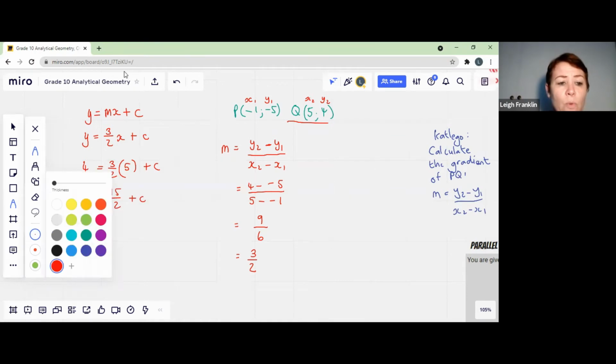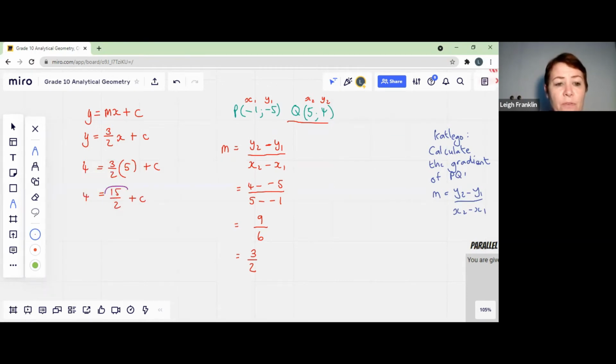Next step, we have to take that 15/2 over to the other side. Okay, so when I take a term over to the other side, grade 10s, I have to remember to subtract, got to change the sign. And again, your calculator can work this out for you. You don't have to do it. And you'll see when it does, your calculator tells you that the answer is minus 7/2.